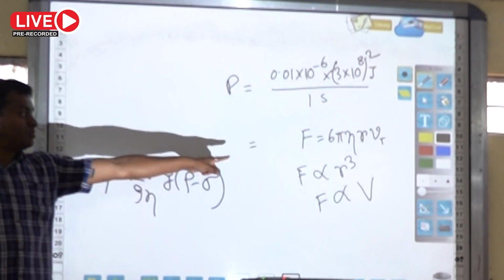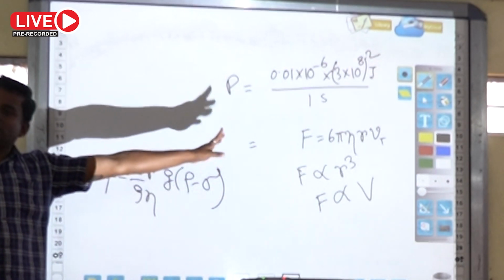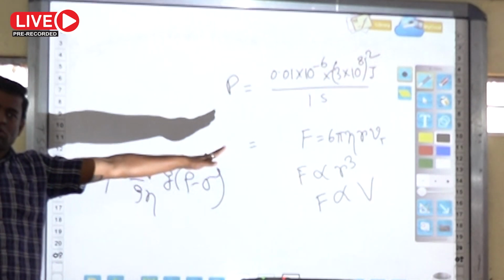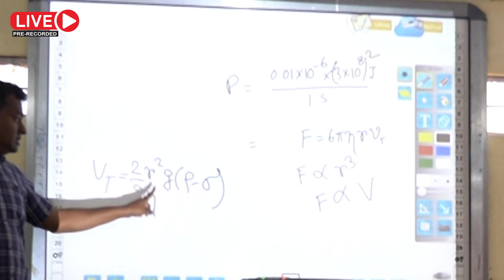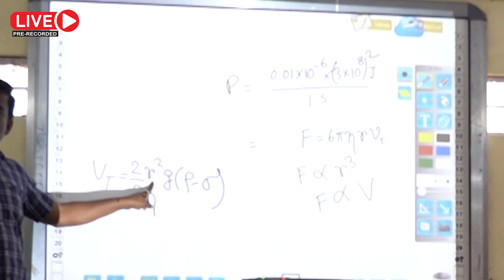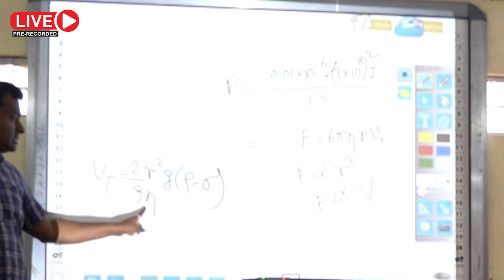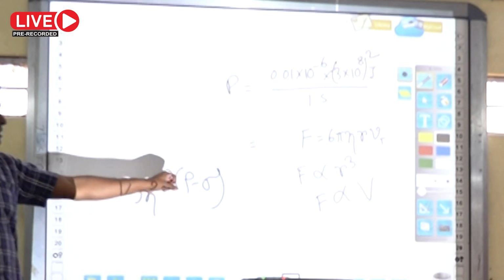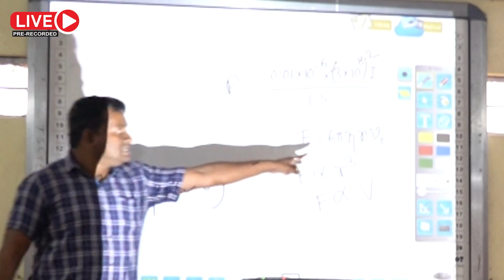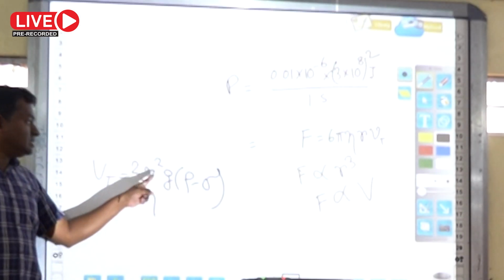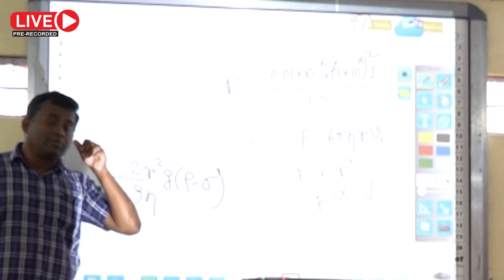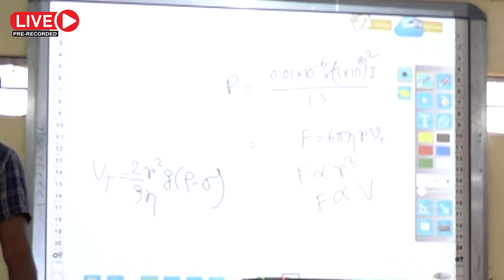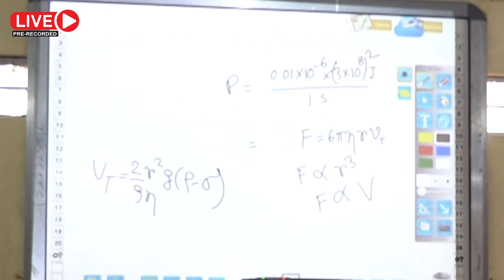Viscous force is 6 pi eta r Vt, that is coming from Stokes law, and Vt is the terminal velocity. Terminal velocity depends on r, remaining factors are constant. So in that case, there is an r into Vt, so an r cube term is coming. So F is proportional to r cube, volume is also proportional to r cube. So F is proportional to volume.